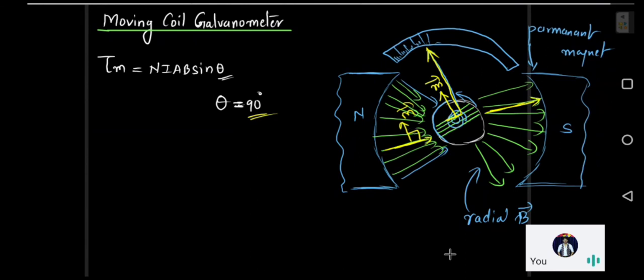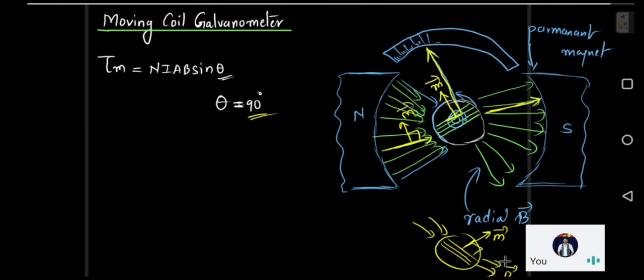Now supposing the coil becomes like this, at that time your M is going to be like this, and the magnetic field over here is going to be 90 degrees.